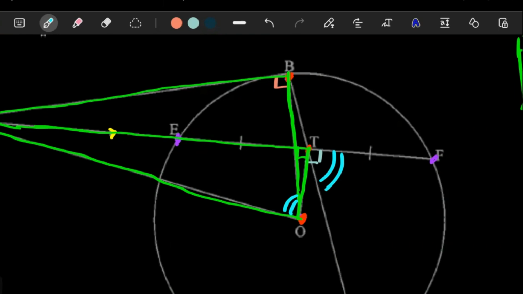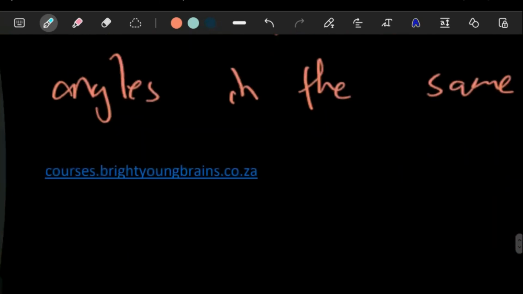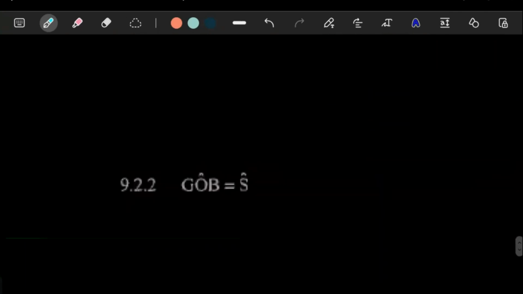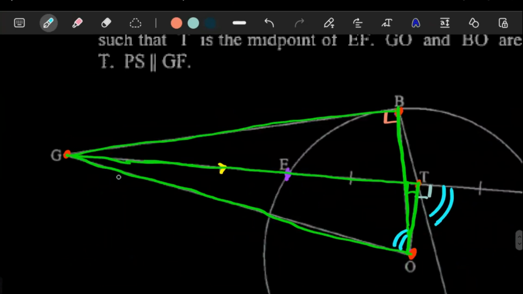But the way this is looking, it just looks so crazy. Prove that. Let's go back. GOB. Make sure I'm using that. GOB.